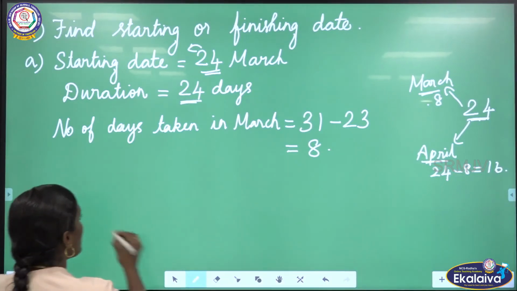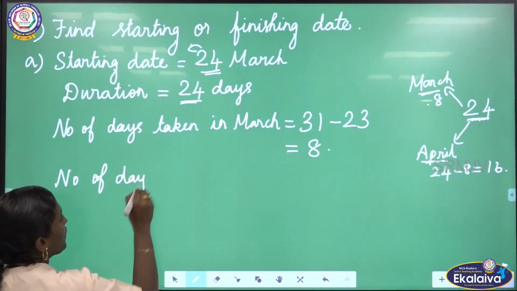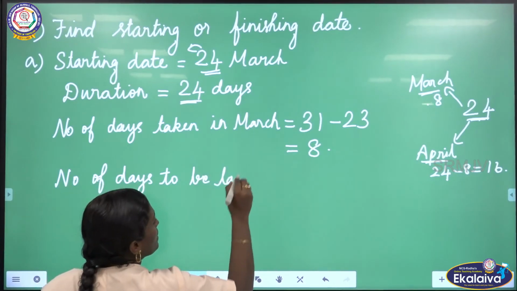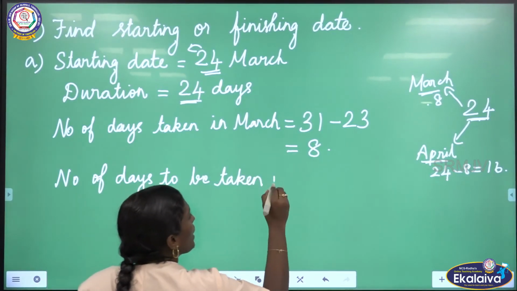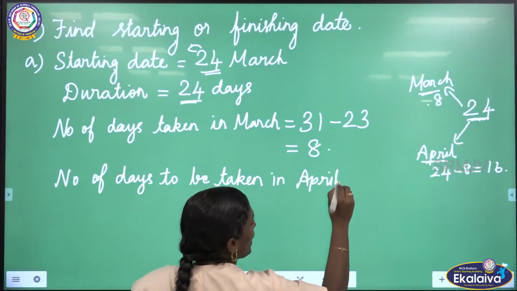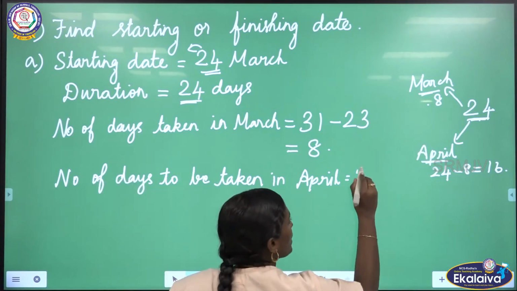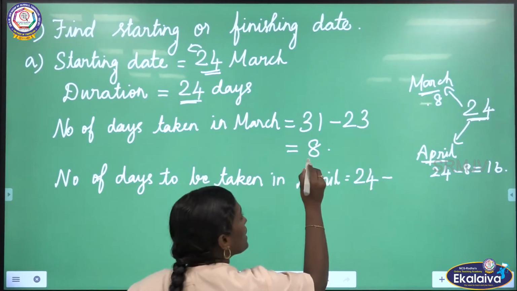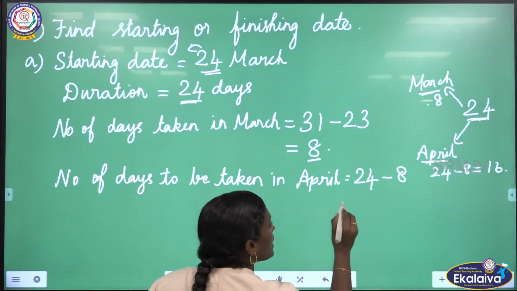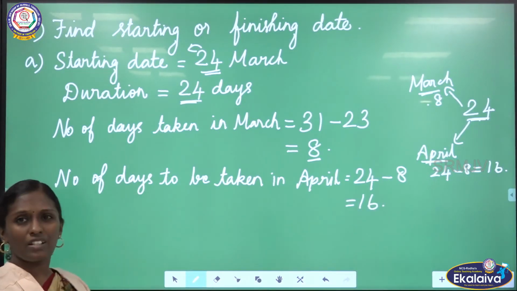To find the number of days to be taken in April, from the duration 24, we are subtracting the number of days taken in March, that is 8. Then we will get 16. This is the number of days to be taken in April.